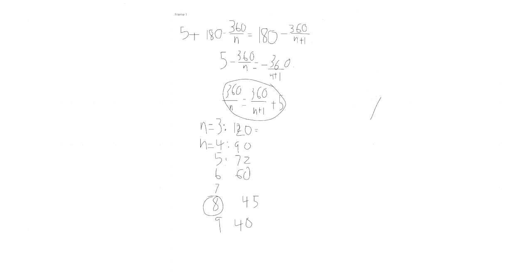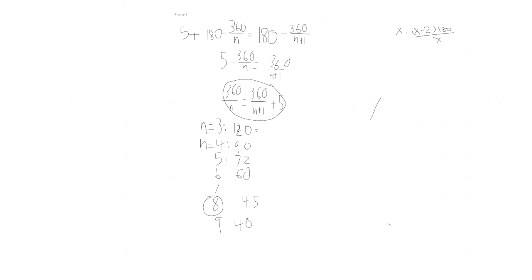I'll be starting to the right. So the formula that I will be using is that if there's a polygon with x sides, then the interior angle is equal to x minus 2 times 180 degrees over x.